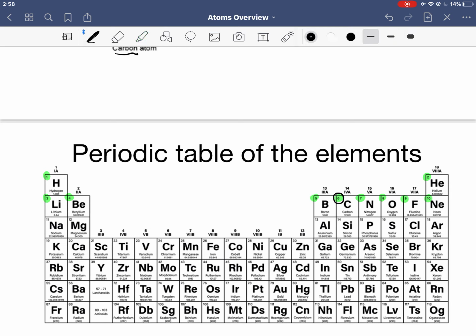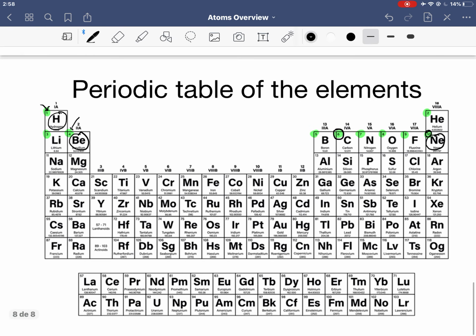So for example, if I have an atom with 1 proton, no matter how many neutrons and electrons, 1 proton will be hydrogen. If I have an atom with 4 protons, no matter how many neutrons and electrons, 4-proton atom is beryllium. If I have an atom with 10 protons, no matter how many neutrons and electrons, a 10-proton atom is neon.